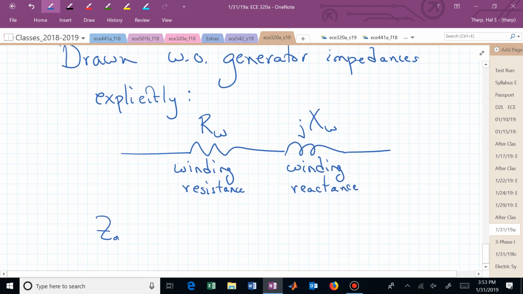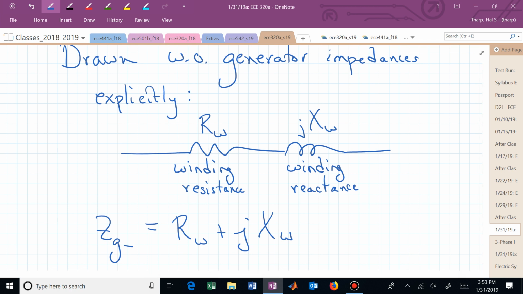Such that Z sub G, whatever phase, that's what the blank is for, Z sub G, A, B, or C, that's now going to be R_W plus j X_W. And sometimes we will neglect the generator impedance, and sometimes you'll have to incorporate it or take it into account.